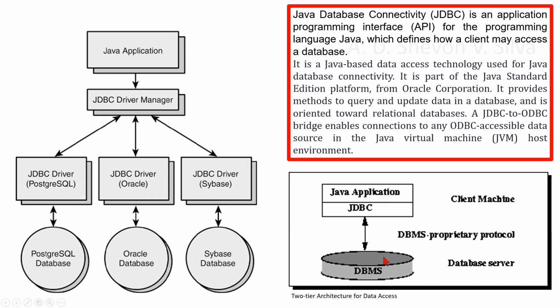The data source may be located on another machine to which the user is connected via a network. This is referred to as a client-server configuration, with the user machine as the client and the machine housing the data source as the server.